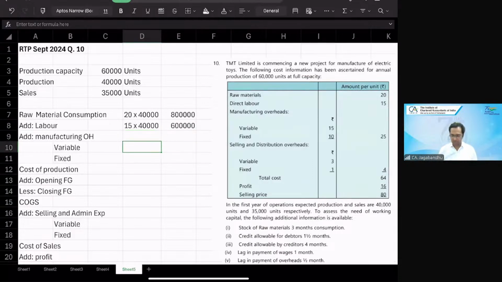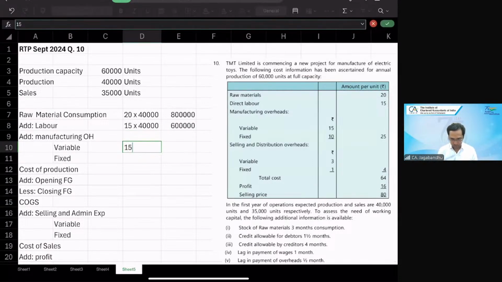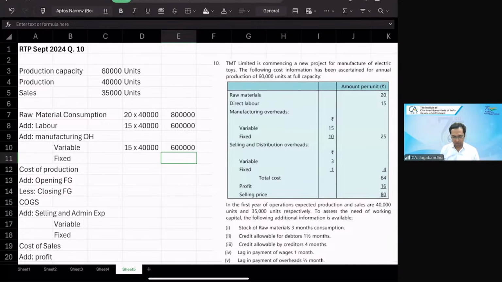Manufacturing overheads, we can say variable, it is 15. So variable overhead 15 multiplied by whatever you're producing, that is going to be only applicable. So 15 into 40,000. Fixed manufacturing overheads is 10.